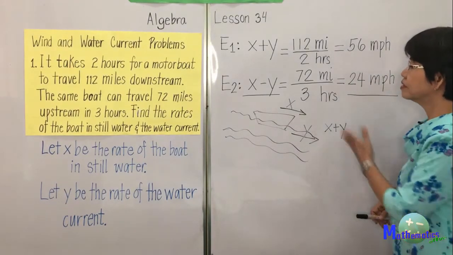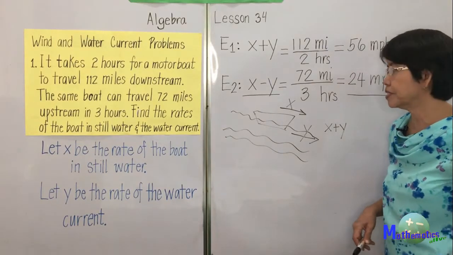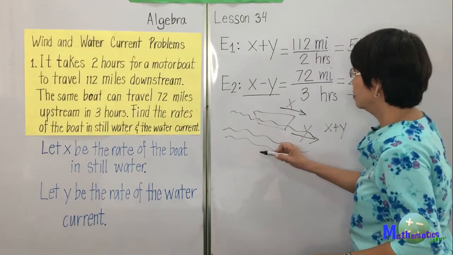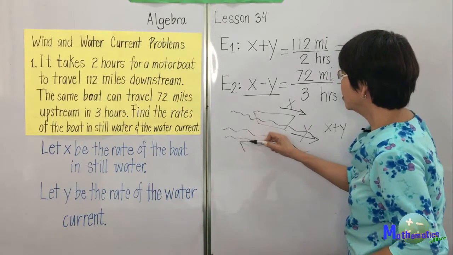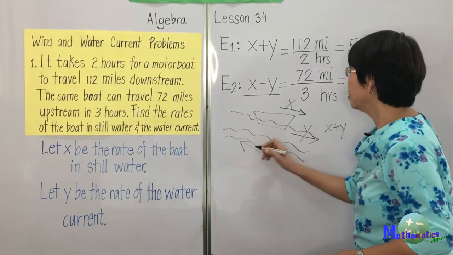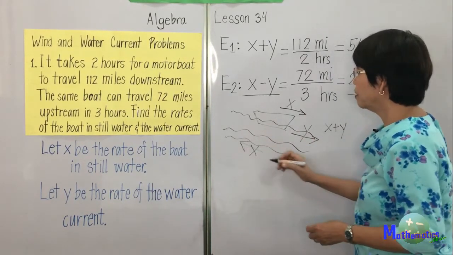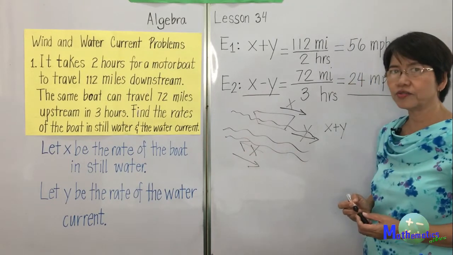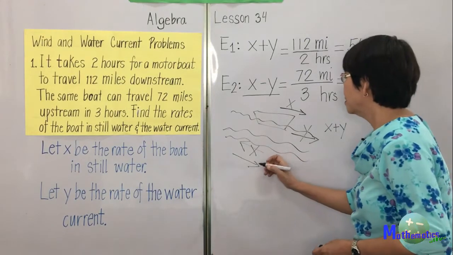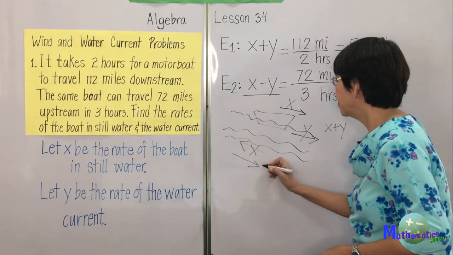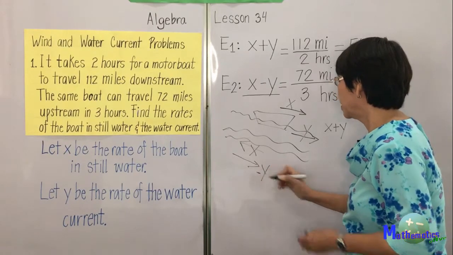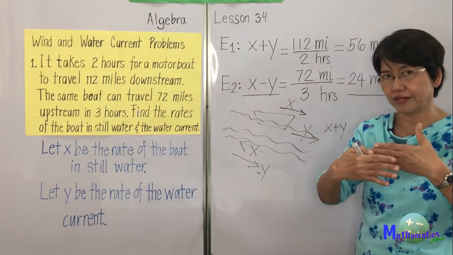Now, if the motorboat is going upstream, then the rate of the motorboat will be counteracted by the rate of the water current. So the y will be negative because there is an opposite direction.